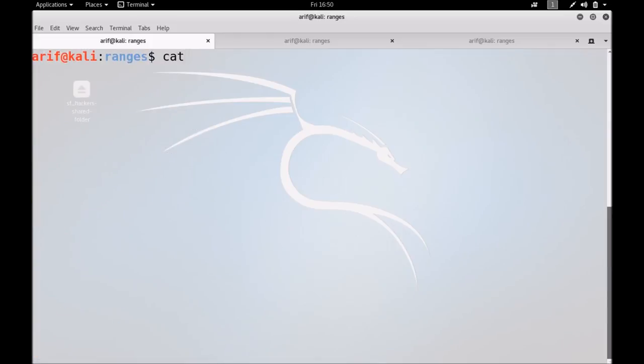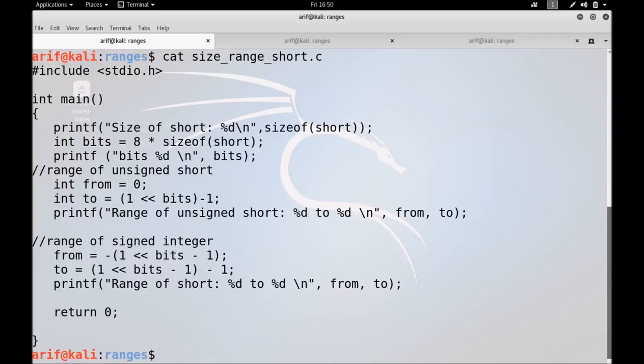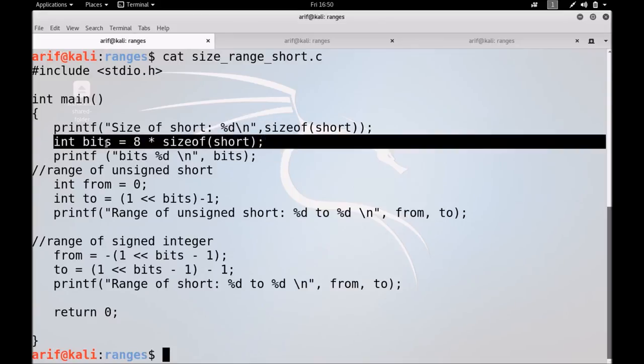Let me get that for you. In this line, the size of short is 2 bytes, 2 into 8 is 16. So I get 16 in this variable.